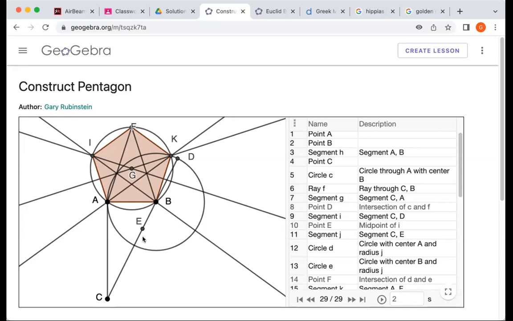Thank you. It would be a good question to ask, what's the deal with point E? It's the midpoint of CD. And why do we want it? Because CD was 1 plus the square root of 5, and I wanted 1 plus the square root of 5 over 2. Why did I want that? Because earlier I showed that in the 36, 72, 72 triangle, if the base was 1, the legs had to be 1 plus the square root of 5 over 2.